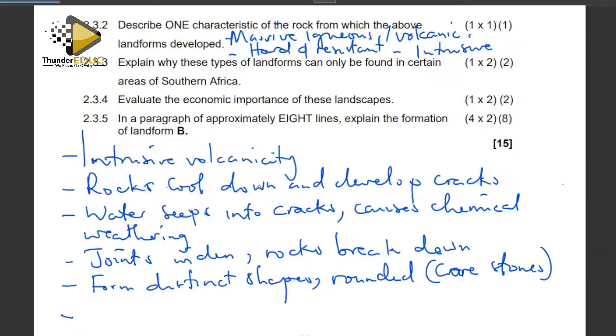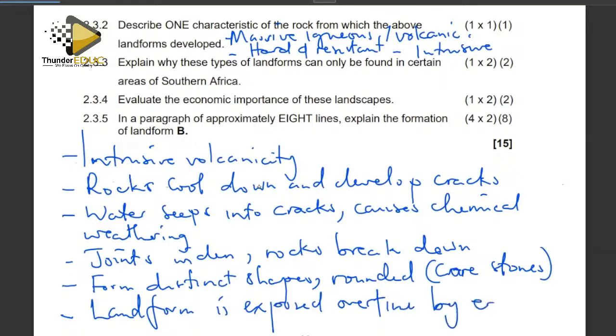And what is going to happen? Landform is exposed over time by erosion. So basically, that is how they form. Starting from volcanicity, the cooling process of the rocks inside the Earth's crust results in formation of cracks, and those cracks are going to be affected by the water which seeps in.